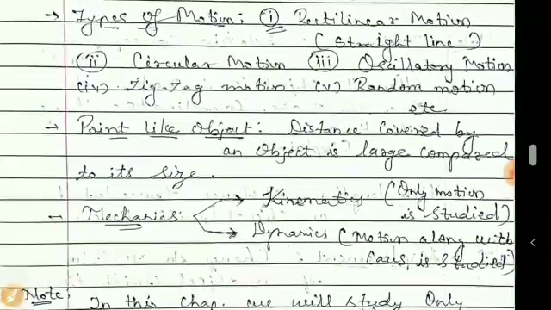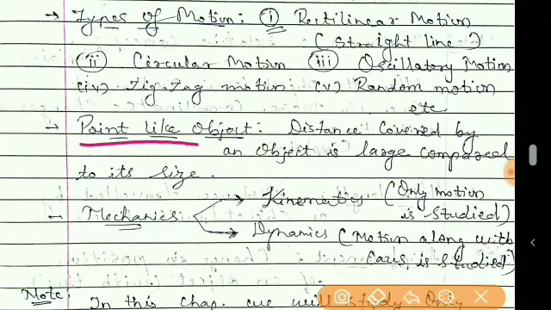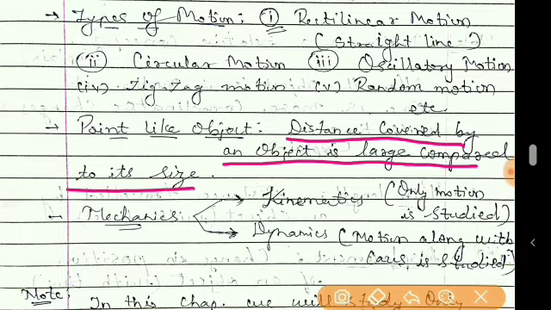Now about a point like object. When can we consider any object as point like? Students, here it is written that if the distance covered by an object is large compared to its size, then we can consider that object as point like.